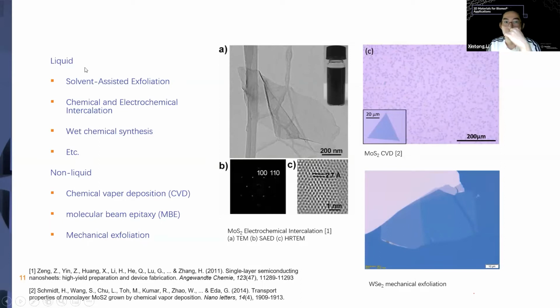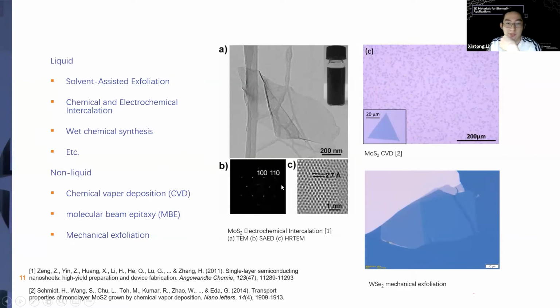Then the liquid phase fabrication method is probably better suited. While these methods are probably better for electronic and optoelectronic fabrication and for biosensors and gas sensors like we talked about yesterday.